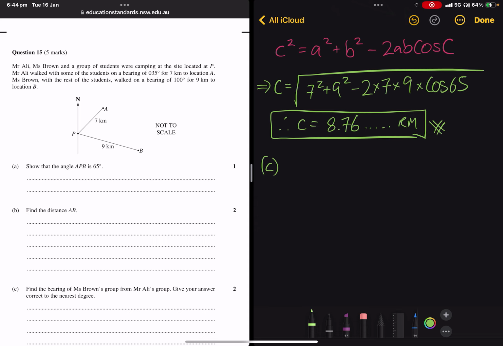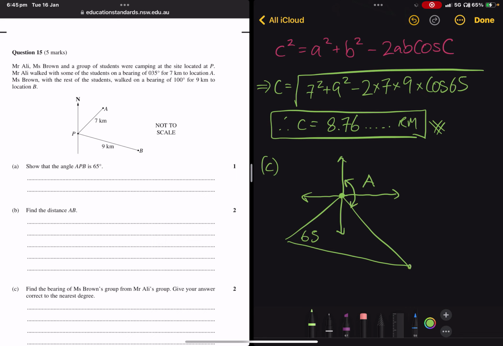So find the bearing of Mrs. Brown's group from Mr. Ali's group. So of Mrs. Brown's group from Mr. Ali's group. So this is a bearing centered at Mr. Ali's group. So if we draw our diagram again, like so, we know this is 65. This is Mr. Ali's group up here at A. The bearing is from his group. So if we draw a little compass down here, we are after this angle.